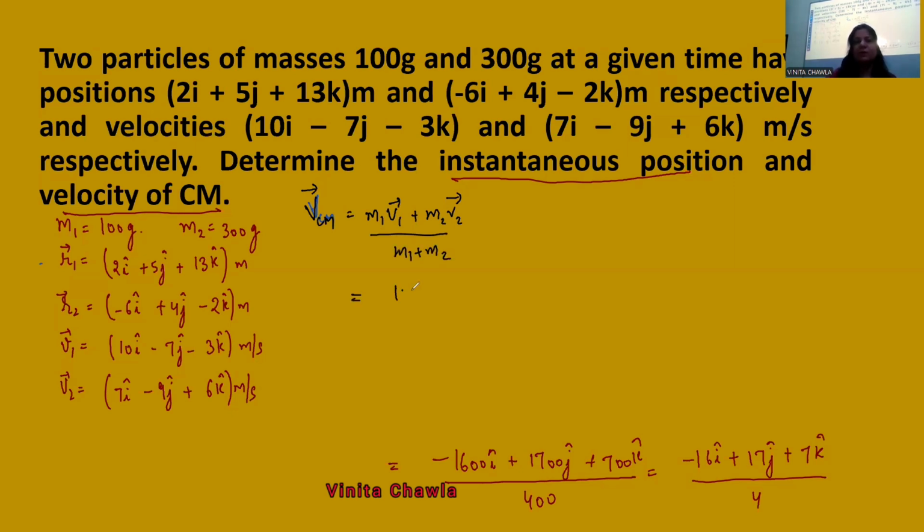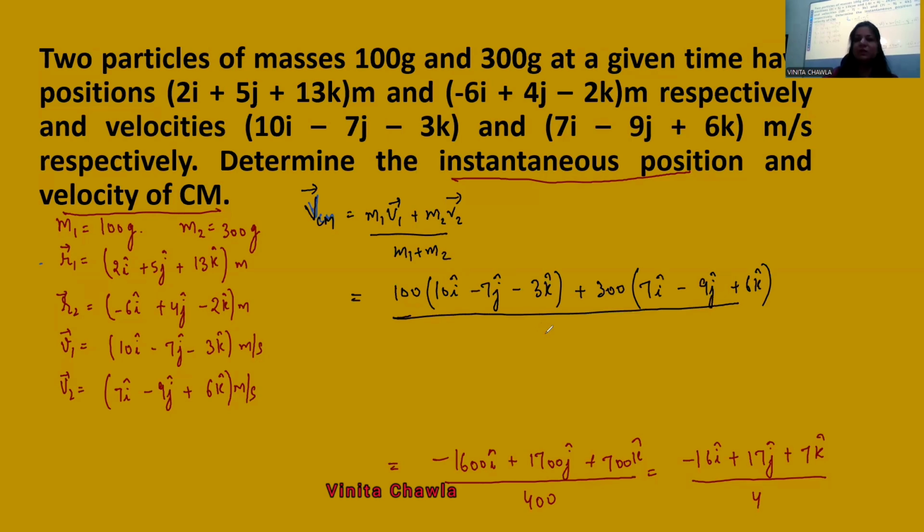M1 is 100, V1 is 10 i cap minus 7 j cap minus 3 k cap plus 300, 7 i cap minus 9 j cap plus 6 k cap divided by M1 plus M2. 100 plus 300. We can 100 इस बार कॉमन ले लेते हैं.